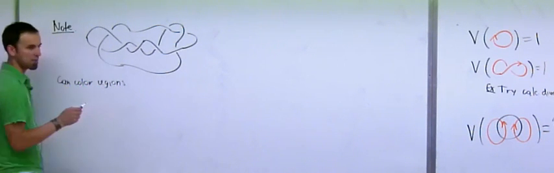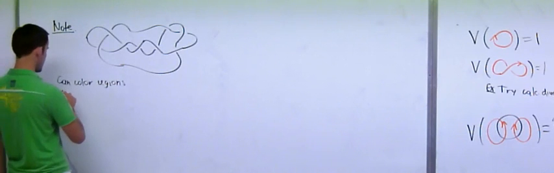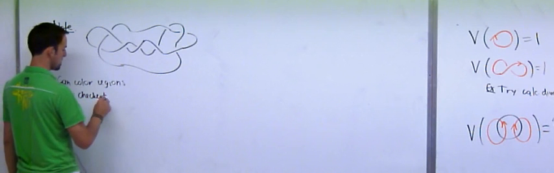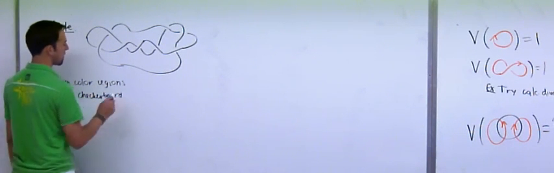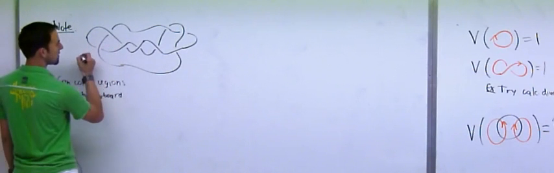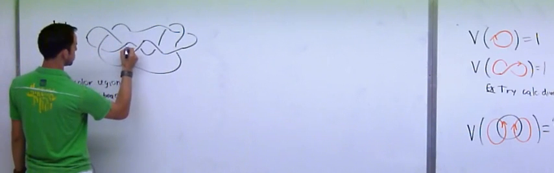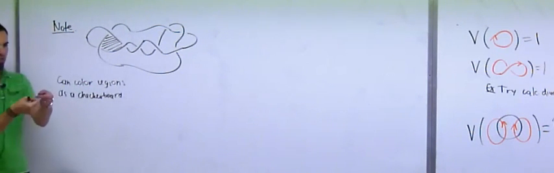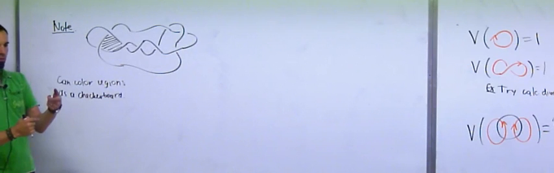like they're a checkerboard. As a checkerboard. I'm going to color them black and white. And so for example, let's say that this one is black. Why like a checkerboard? In a checkerboard, whenever you go to a neighbor, it's the opposite color.